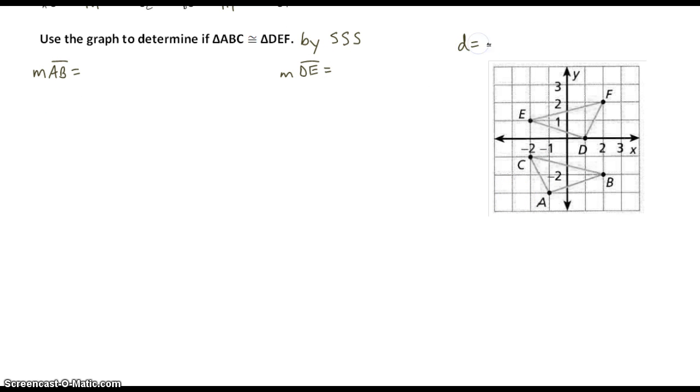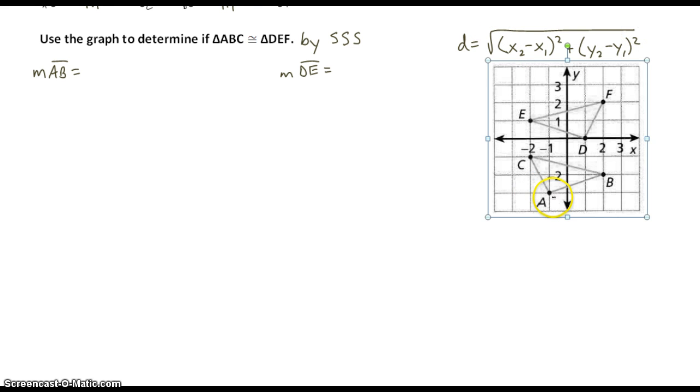The distance formula is the difference of my x values squared plus the difference of my y values squared added together, and then the square root of that. So I need to find these ordered pairs. A is at -1, -3.